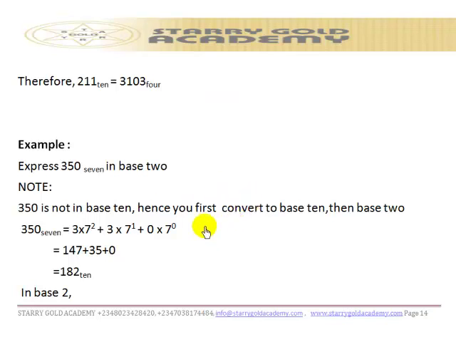So in other words, you have 3 times 7 raised to power 2, because the 3 is in the hundreds place, plus 5 times 7 raised to power 1, plus 0 times 7 raised to power 0.